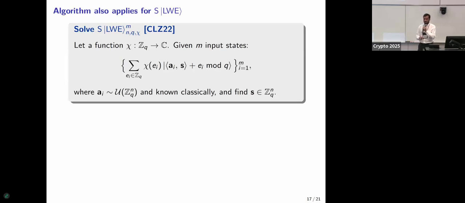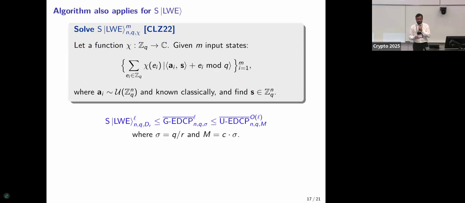So there is a quantum version of LWE, SLWE, which was introduced in the CLG paper, 2022. In this problem, we are given a quantum state of this form, where the a_i are known uniformly, and the problem is to find s. So our algorithm applies for this problem also, since we have this chain of reduction: SLWE reduces to GEDCP bar, and GEDCP bar reduces to UEDCP bar with a small change of parameters.